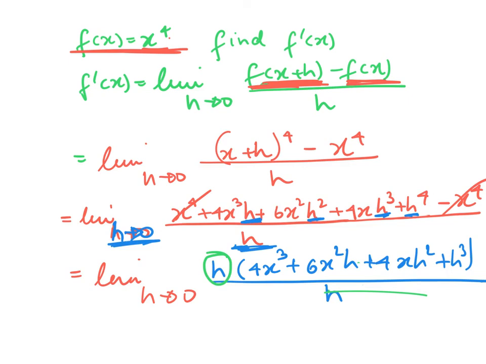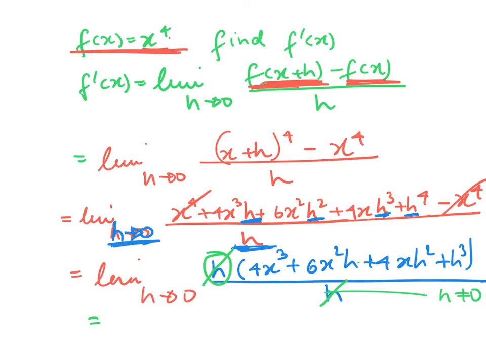When you realize that we do, we can just cross it out, and this is not going to affect anything. But one more thing I'm going to say here: h can't be equal to 0. So that's been sorted out, and now we can replace h with 0.